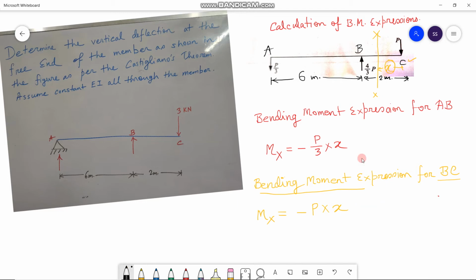So the bending moment expression for portion AB is this one, and for portion BC the bending moment expression is this one.